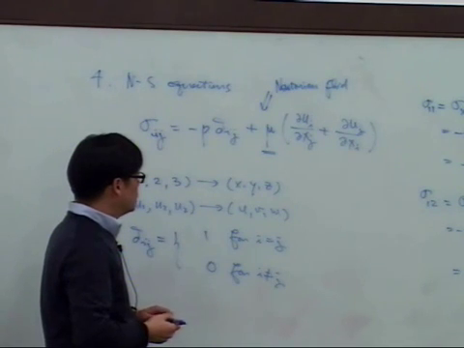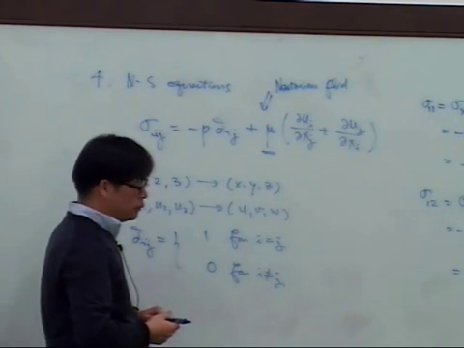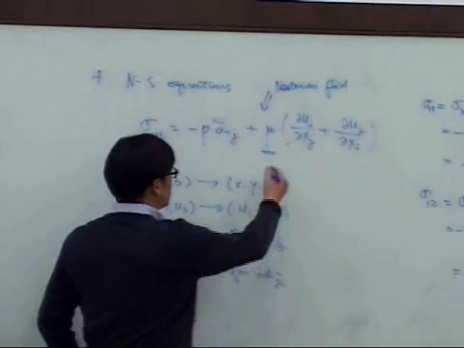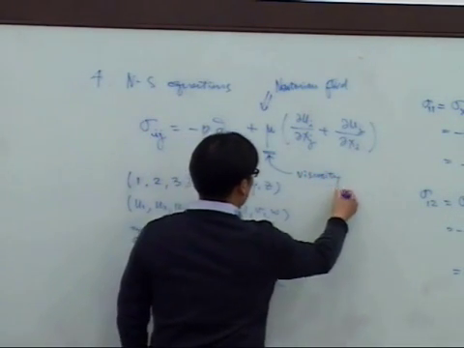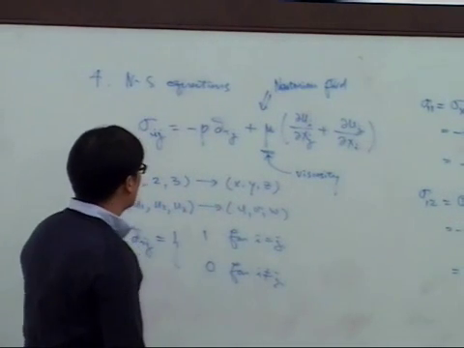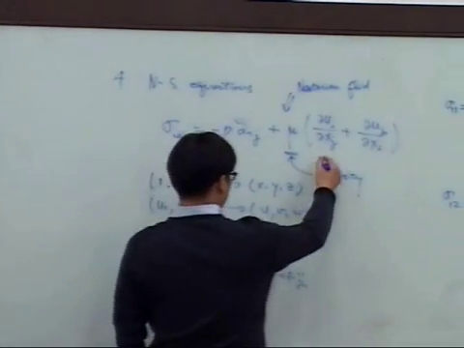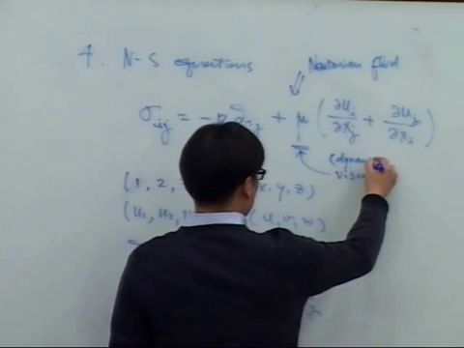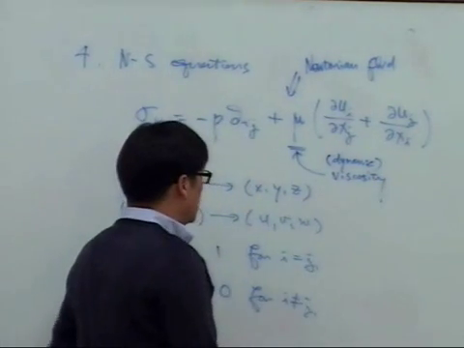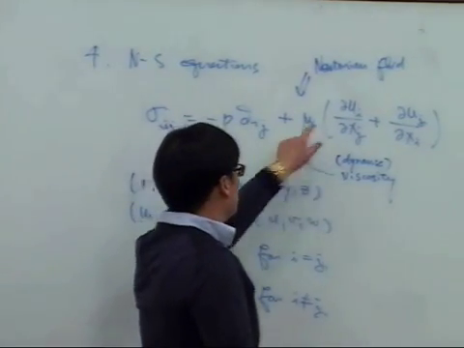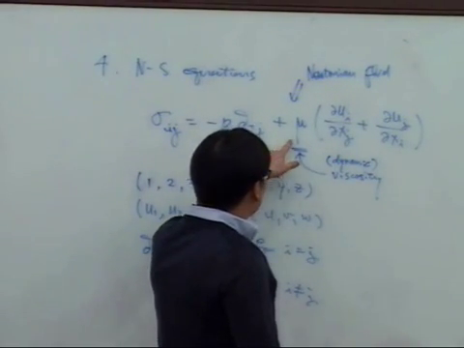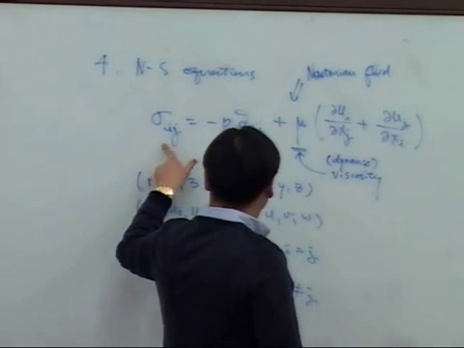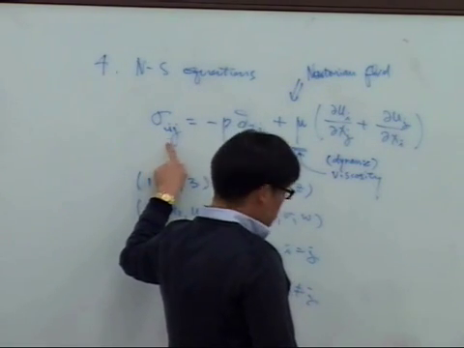And so this mu is called the viscosity. Okay? And more specifically, dynamic viscosity, because this is the coefficient to write the force or stress.